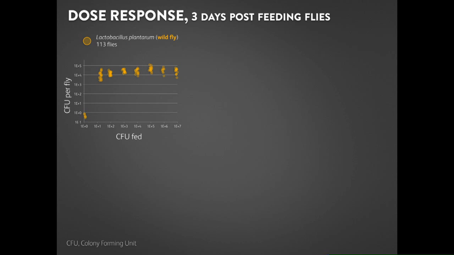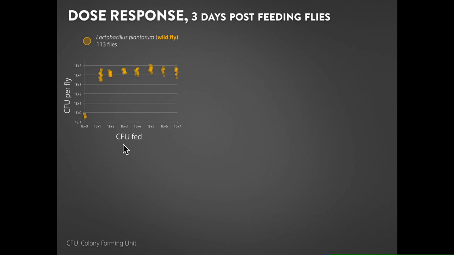So here is a dose response with the plantarum from wild flies. On the y-axis are the outputs, so the number of CFU per fly after 3 days, as a function of increasing input, the CFU that have been fed to the flies. The first thing to note, an obvious thing, is that all the flies are colonized after 3 days.